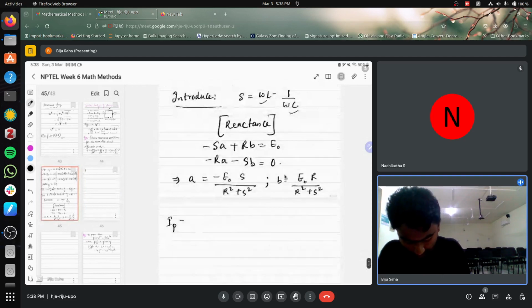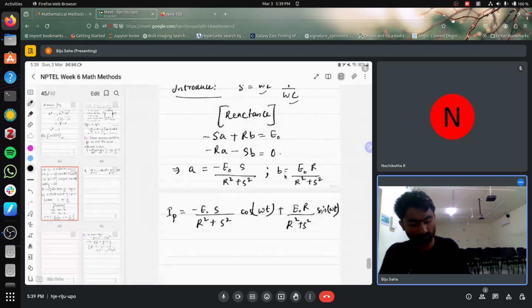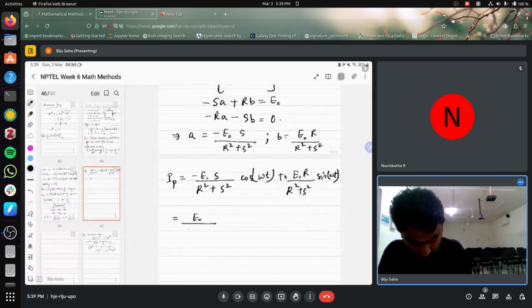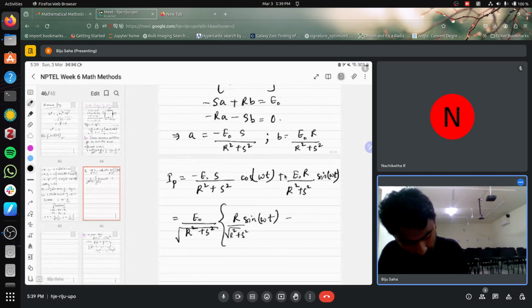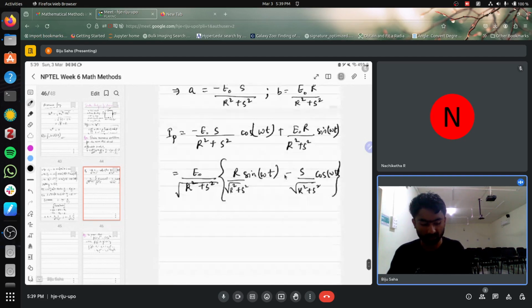So my particular solution is now this. I have taken E naught by root of R square plus S square as my common factor, so I am left with this.